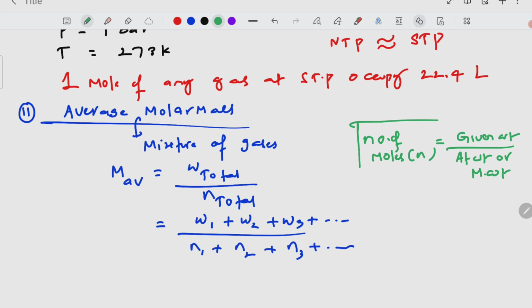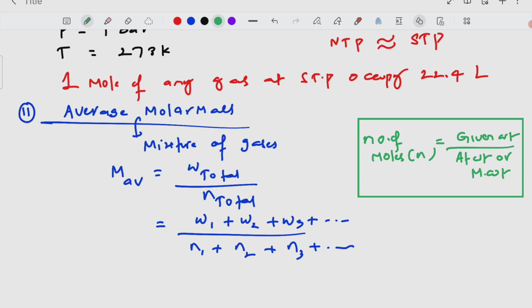So remember this statement. We'll use this formula in upcoming numericals, plus extra advanced topics will be discussed after a few more lectures. So number of moles n is equal to given weight by atomic weight or molecular weight. That is about average molar mass.